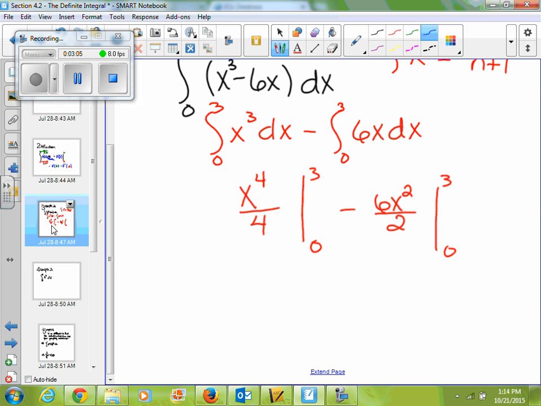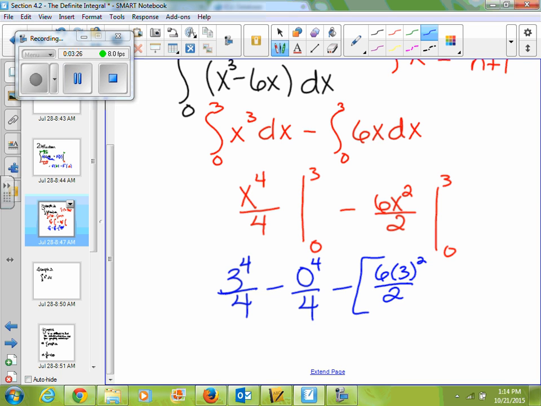If I plug in 3 to x to the 4th divided by 4, I get 3 to the 4th divided by 4, and then I subtract my lower estimate, so 0 to the 4th divided by 4. Then for 6x squared divided by 2, I get 6 times 3 squared divided by 2 minus 6 times 0 squared divided by 2.